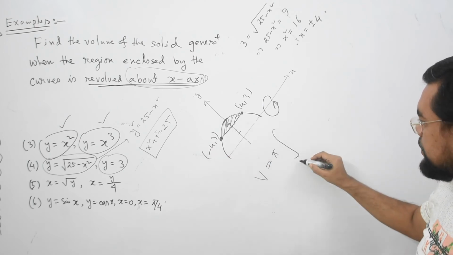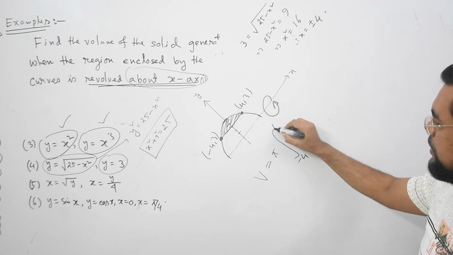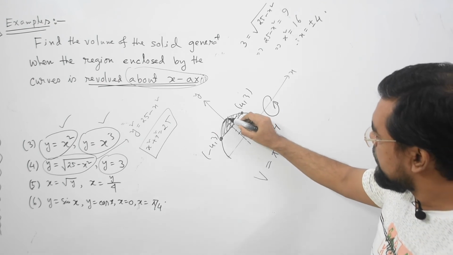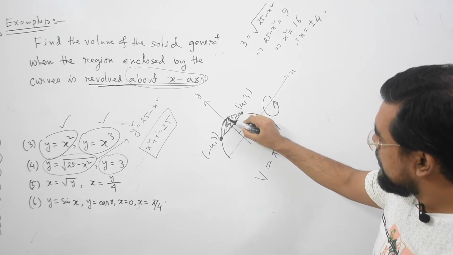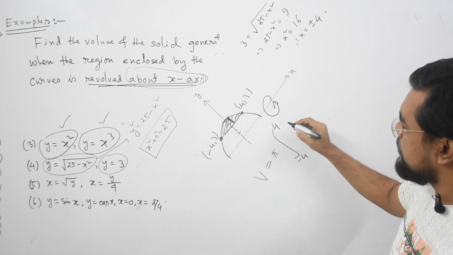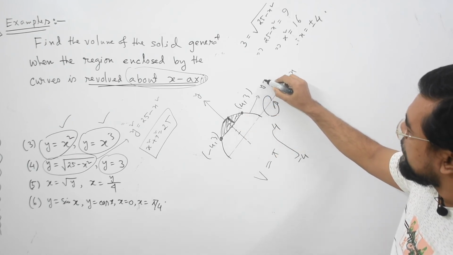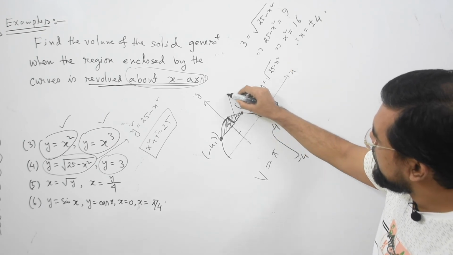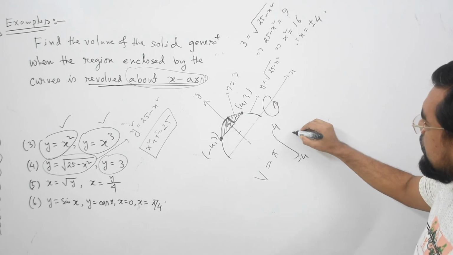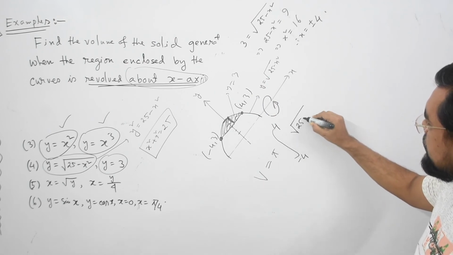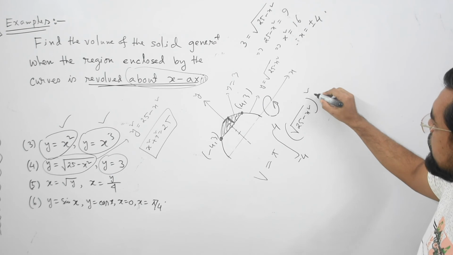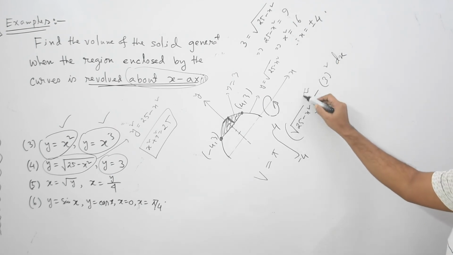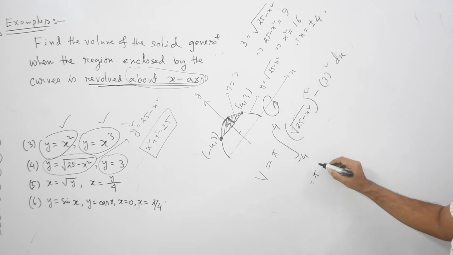So x starts at minus 4 and ends at 4, and if you take a cross section here, the curve above is y equal root 25 minus x square, and below is y equal to 3. So root 25 minus x square whole square minus 3 square dx, and you can cancel this pi.